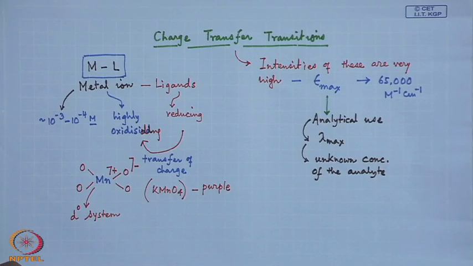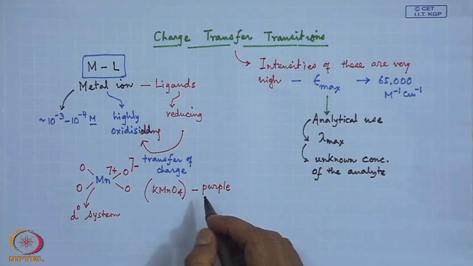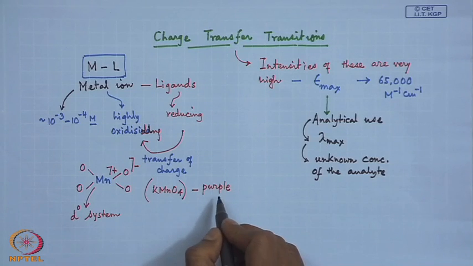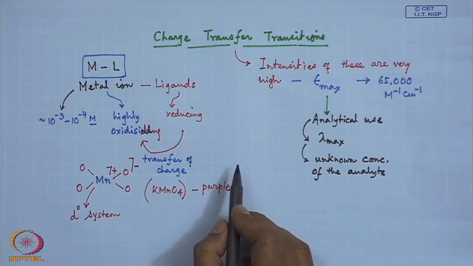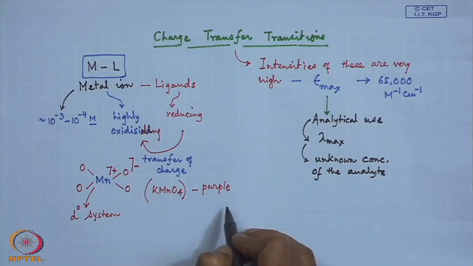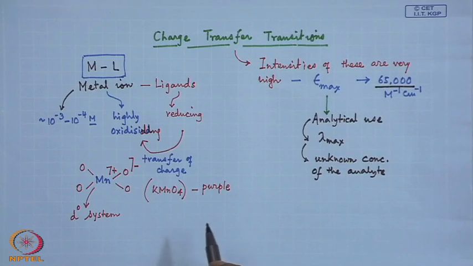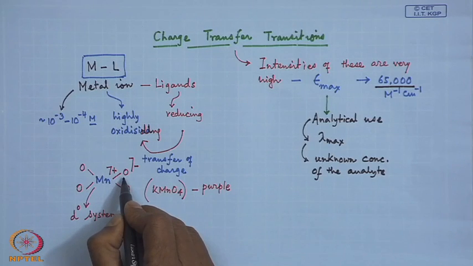In solution, if we take a sample of potassium permanganate, which is highly soluble in water, and try to measure the electronic spectrum, we find the characteristic absorbance related to the lambda max values, and the epsilon max is also pretty high, in the order of several thousands, which can be characterized in terms of the transfer of charge from the oxygen atoms.